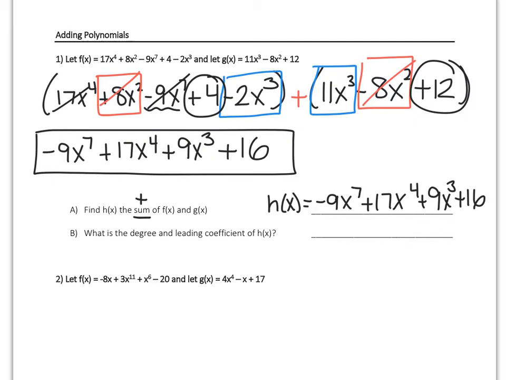Now, if you read the front, you'll understand the question saying here, what is the degree and leading coefficient of h of x? Well, the degree is the exponent, and the leading coefficient is the number in front. And this is always of the term that has the highest power.